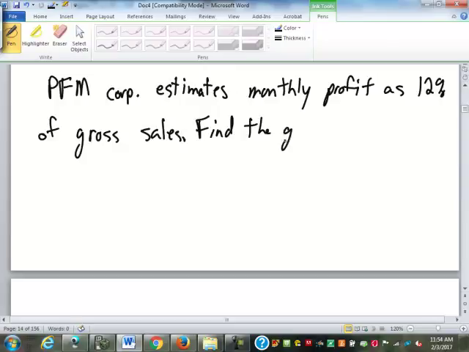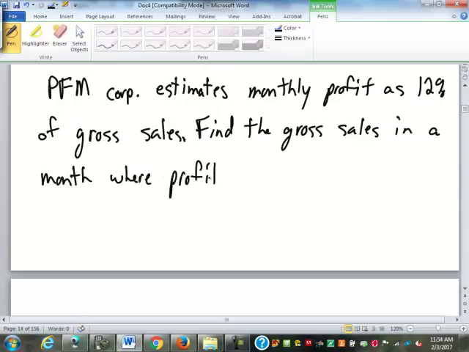Find the gross sales in a month where profit is estimated as $387,740.